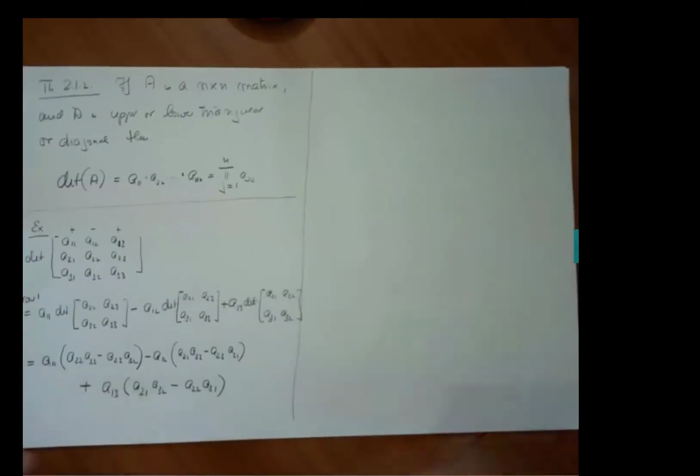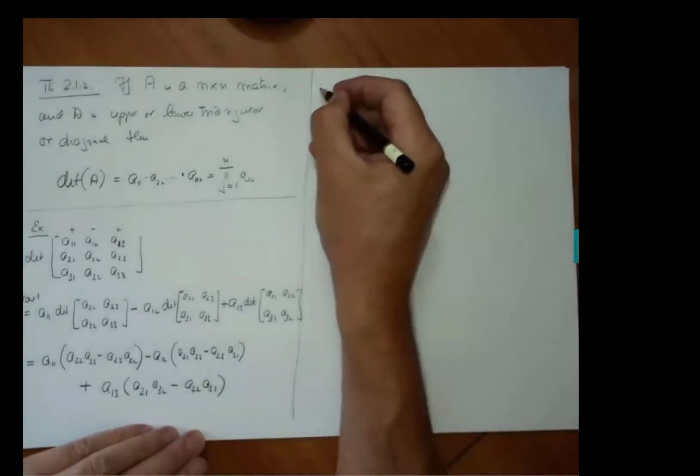It turns out we have 2 terms in each of the three parts, so in total we have 6 terms.